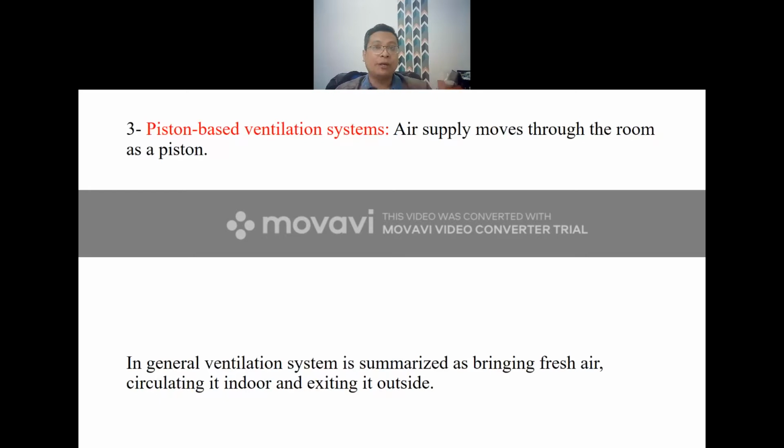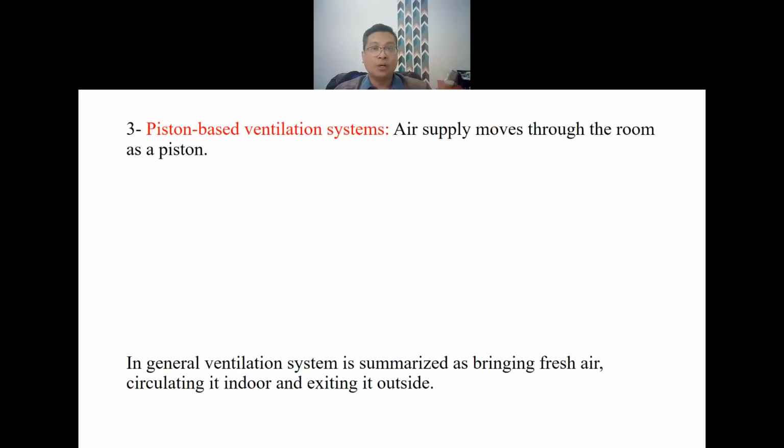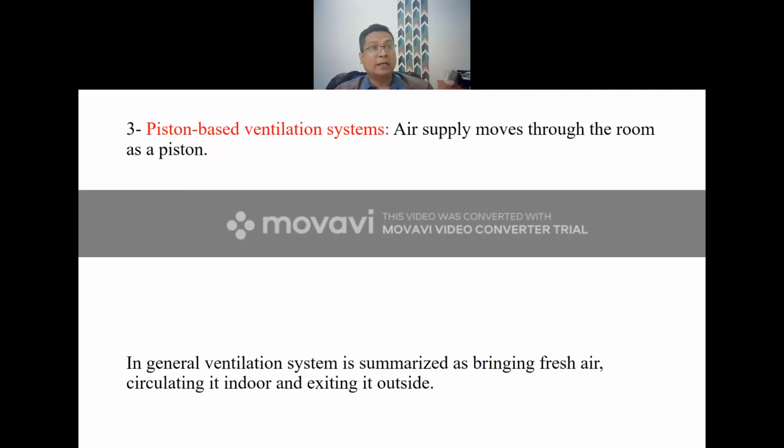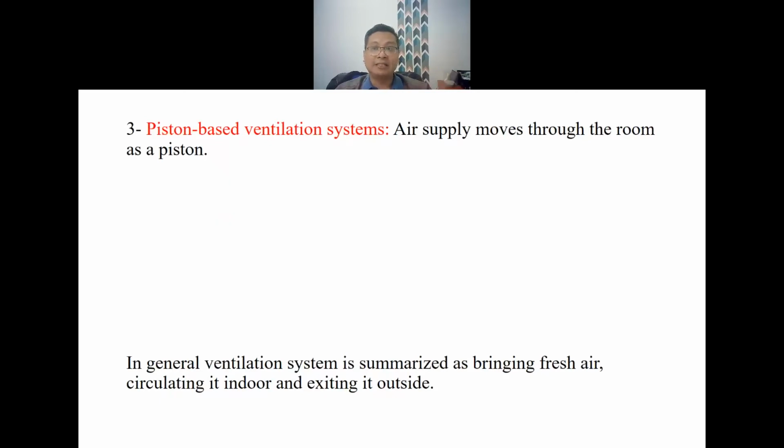Same thing: when we produce a low pressure condition, a vacuum occurs, and then we suck the air supply from the outside into the room. We call that the piston-based ventilation system.